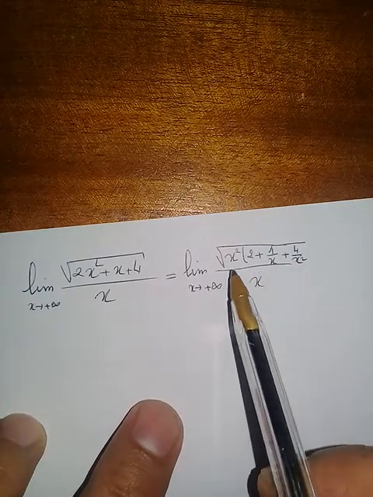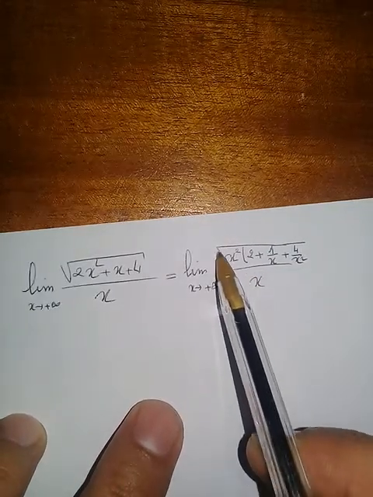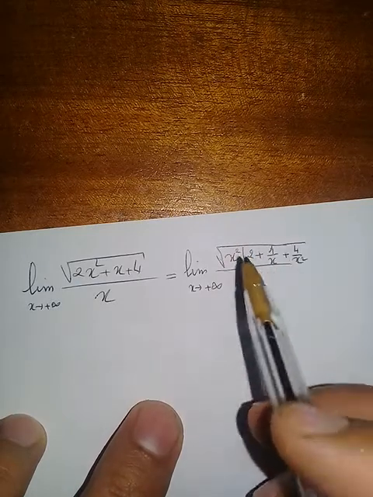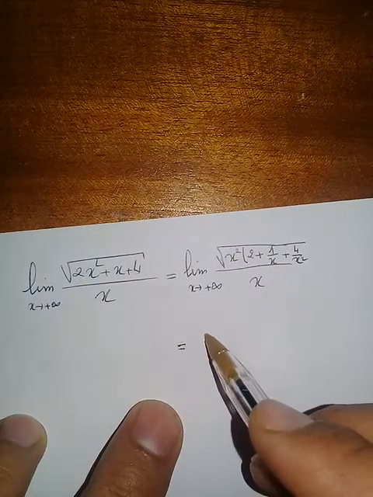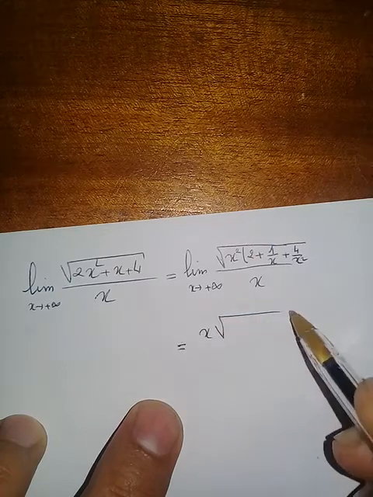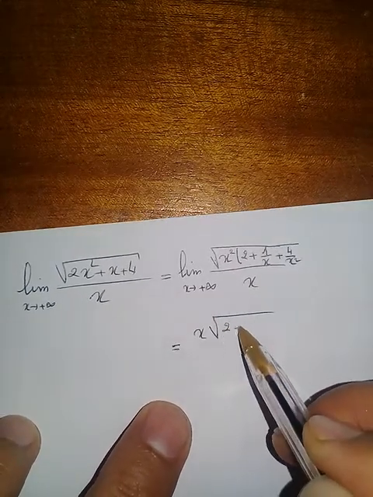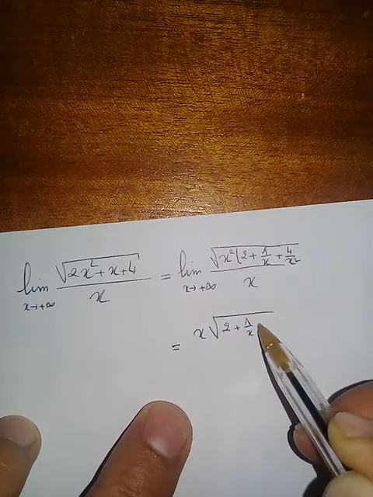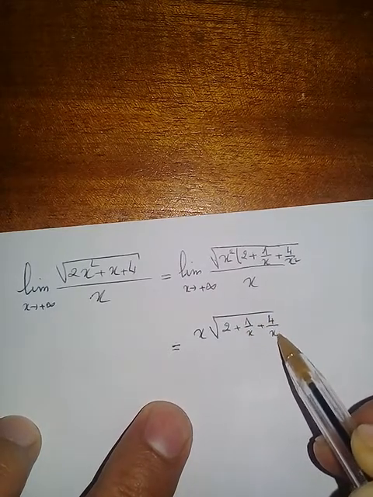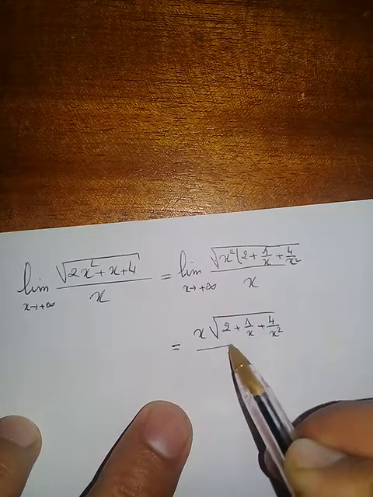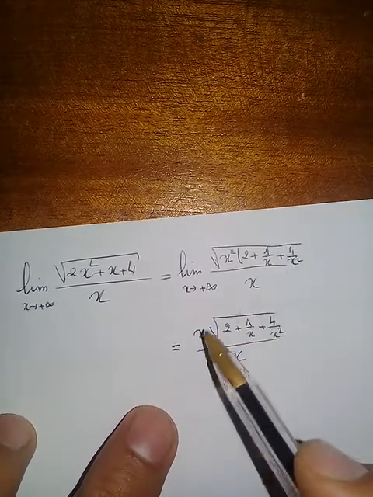Now since x is positive, the square root of x squared is x. So it's x times the square root of 2 plus 1 over x plus 4 over x squared, all over x.